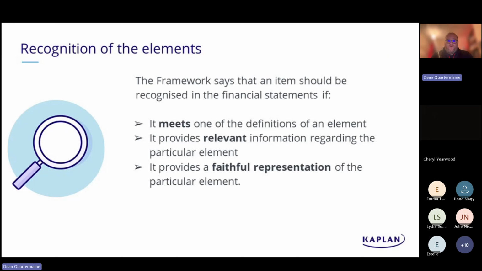If it meets one of those definitions, and it provides relevant information regarding that particular element, and it's a faithful representation. So it's got to be relevant and a faithful representation, and it must meet one of the definitions of the elements that were explained on the previous couple of slides. If it meets all that, then you should recognise it. Otherwise, you shouldn't recognise it.